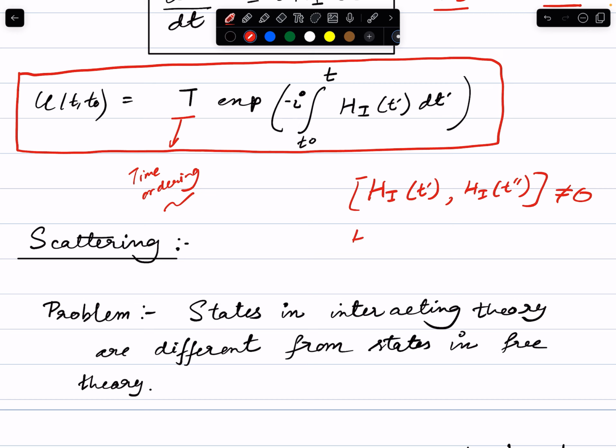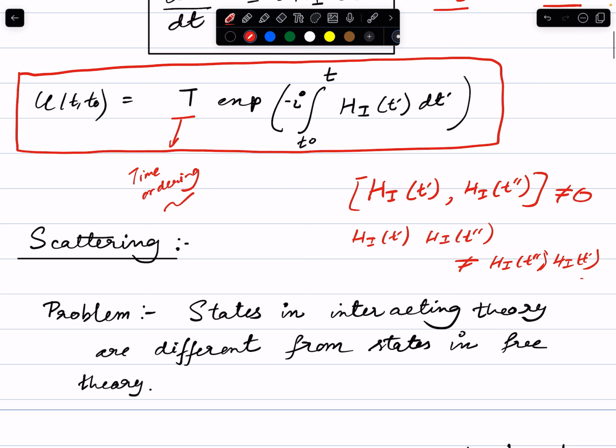If I have an expression like H_I(t') H_I(t''), this is not equal to H_I(t'') H_I(t'). So I cannot move them left and right within an expression. What time ordering ensures is that there is a correct order in which to place these operators.